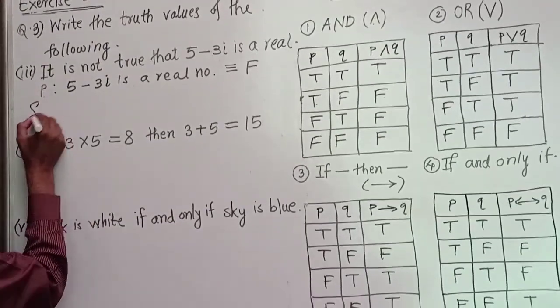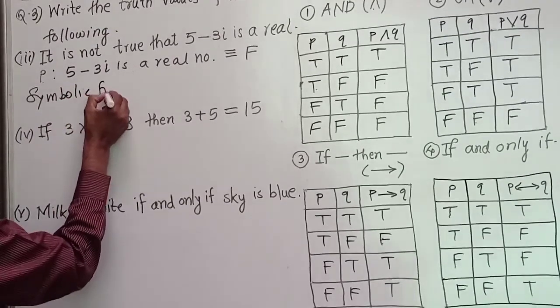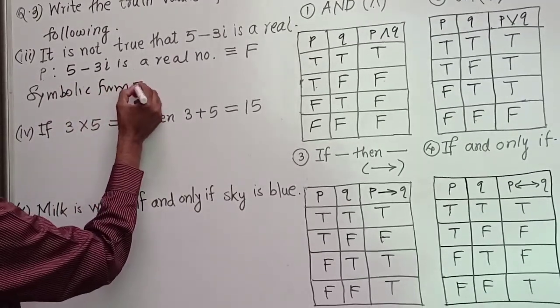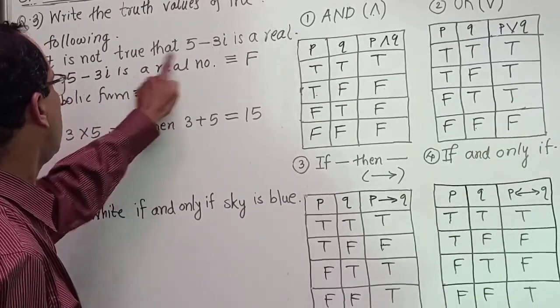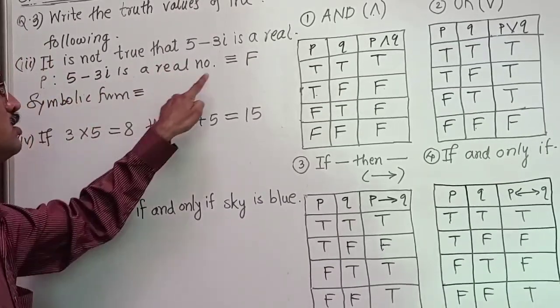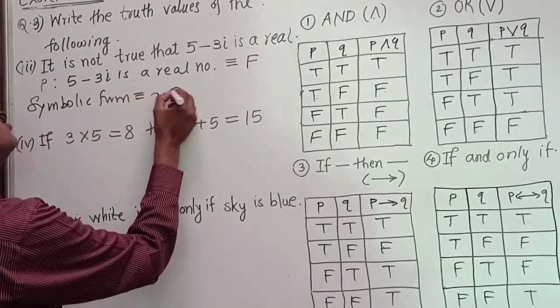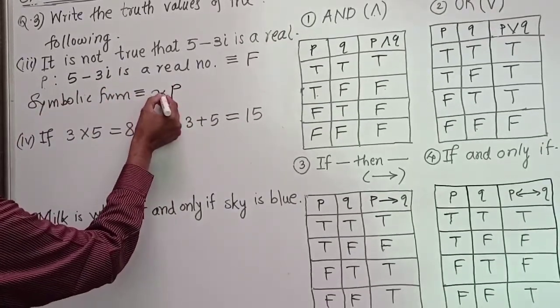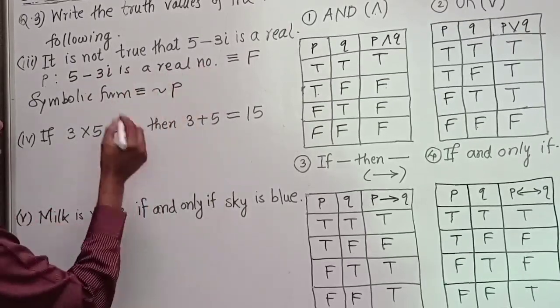But the given statement, we write its symbolic form as: it is not true that 5 minus 3i is a real number. It is not true that means it is negation P. Negation means it is not true that P, meaning 5 minus 3i is a real number.